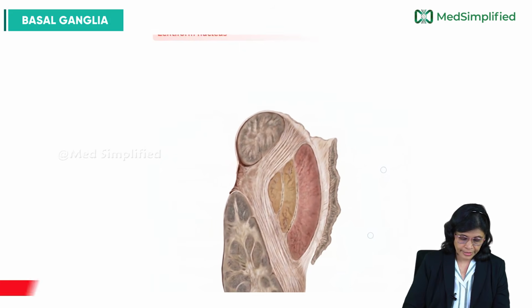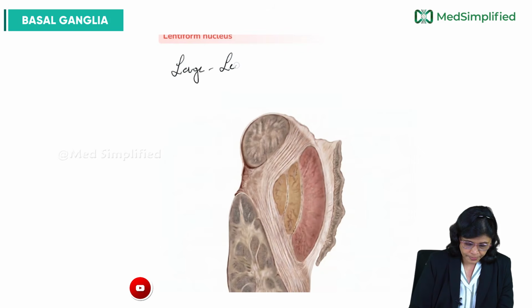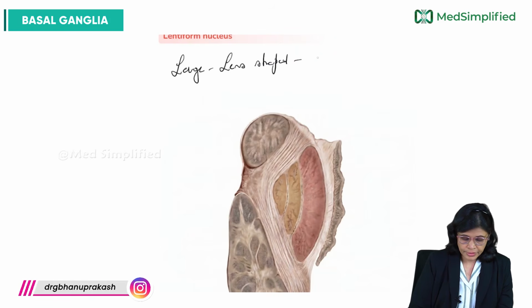Then we have the lentiform nucleus. It is large, lens shaped, biconvex, and also grey matter.